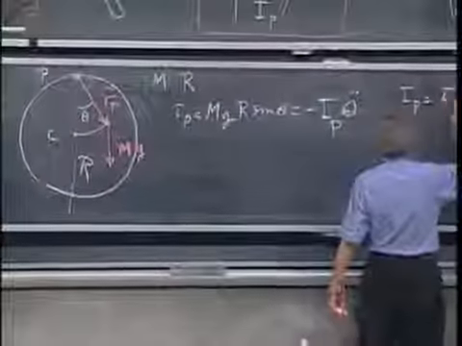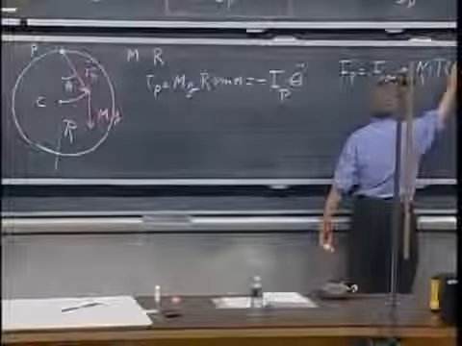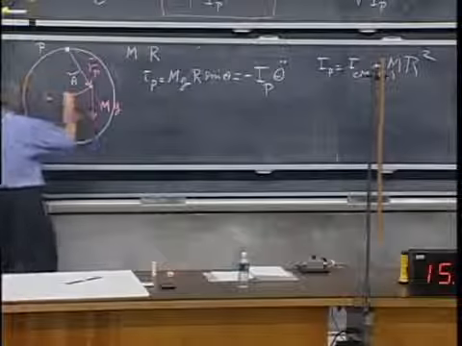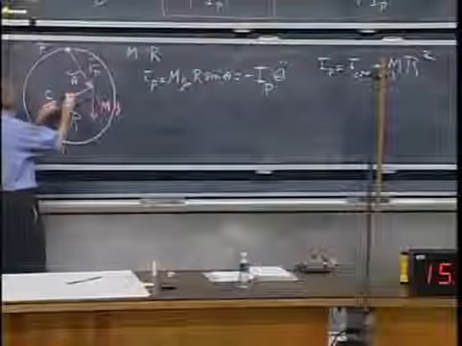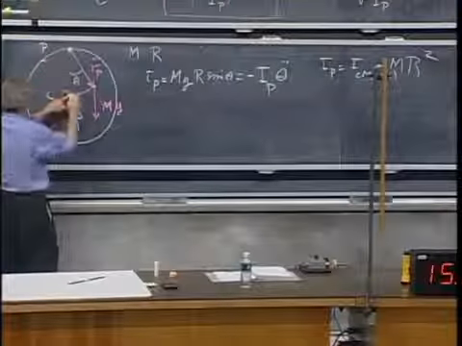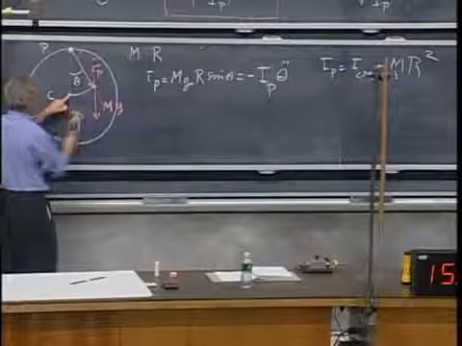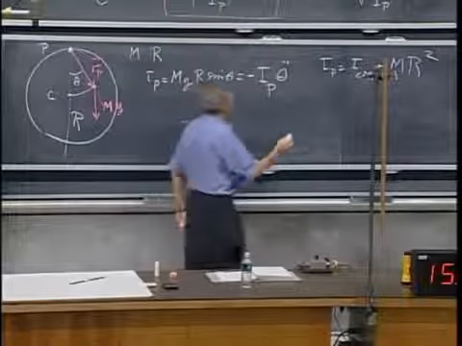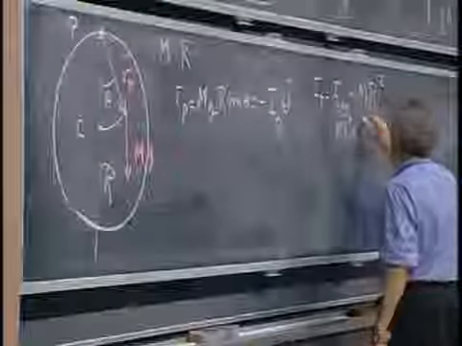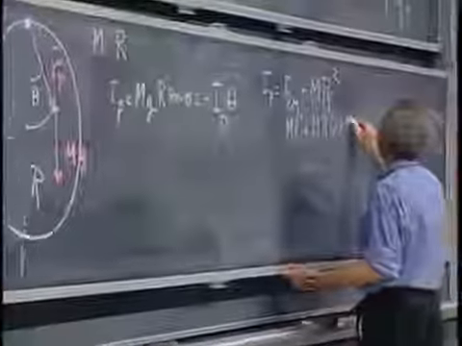Well, that is the moment of inertia of rotation about the center of mass plus mr squared. That's the parallel axis theorem. And the moment of inertia for rotation about this axis is clearly mr squared, because all the mass is distributed at the circumference at distance r. So it is a summation of all the masses times the radius squared. So this is going to be mr squared plus mr squared. So that is 2mr squared.